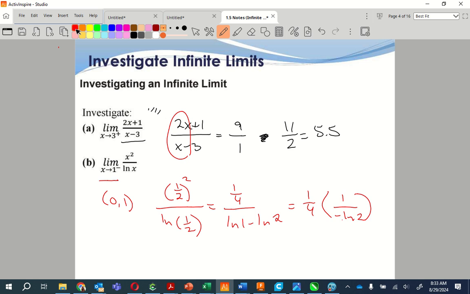Now let's find another number that's closer to this number. Another number would be like 3/4, right? 3/4 would be closer to my 1. So that would be 3/4 squared over ln of 3/4. This one's not as easy, but right here I'm still going to end up with a negative.